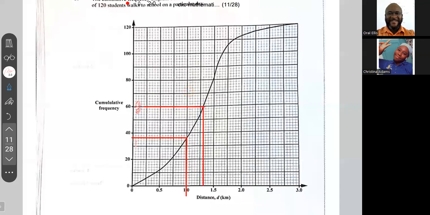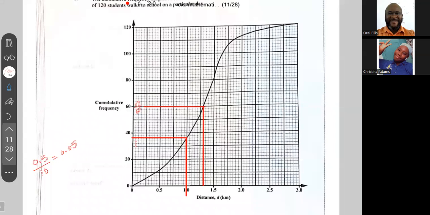Let's see if we can read it. This is the distance in kilometers. Each of these little divisions is what? It looks like 2 centimeters to 0.5. So 0.5, that's 2 centimeters to 0.5. Divide this by 10, this is 0.05.